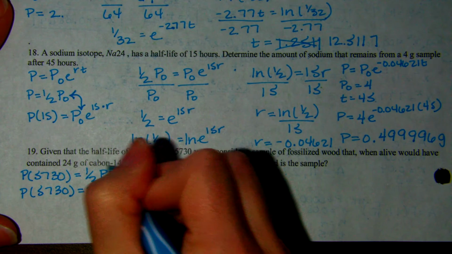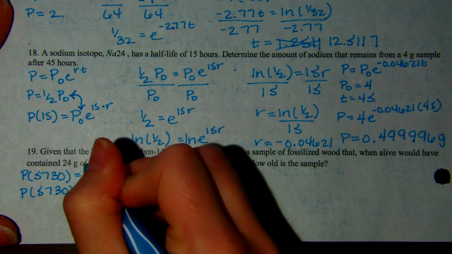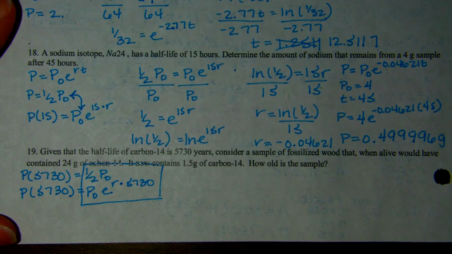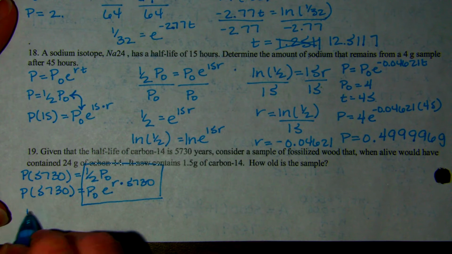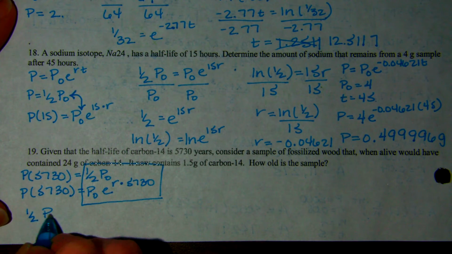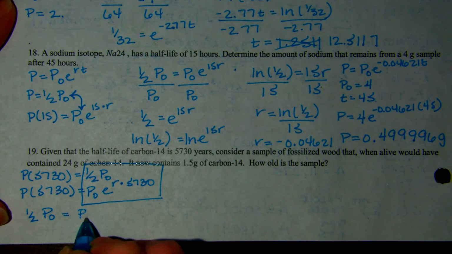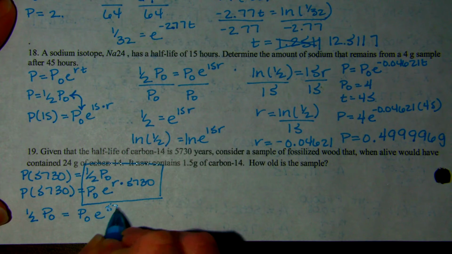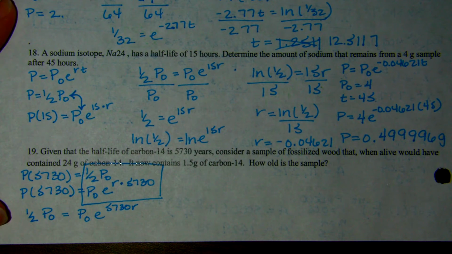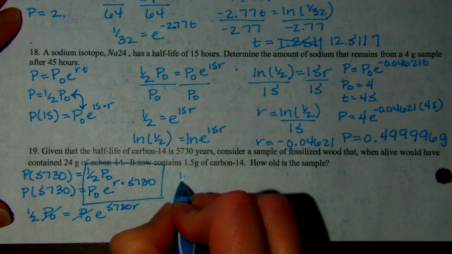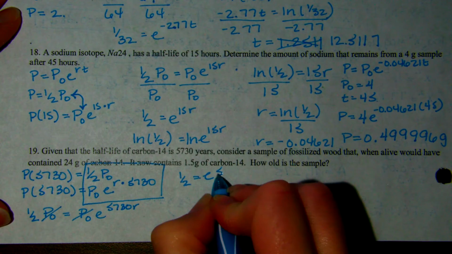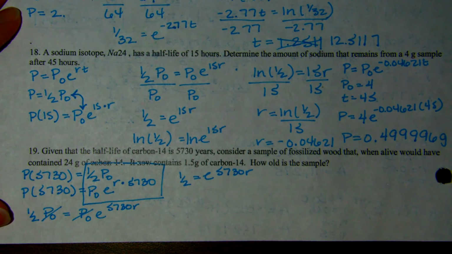And so we take these two things and set them equal, and then we solve for r. So 1/2 P sub 0 is equal to P sub 0 e to the 5,730r. And my P's cancel out, and I get 1/2 is equal to e to the 5,730r.